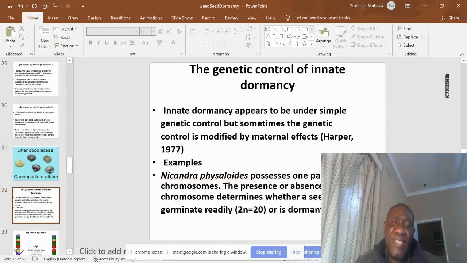The seeds which germinate readily, you've got 2n equals to 20. These are the number of chromosomes. If the number of chromosomes happen to be 19 in some of the plants, it means that those plants will produce seeds which are dormant.